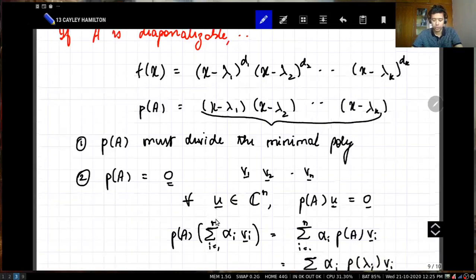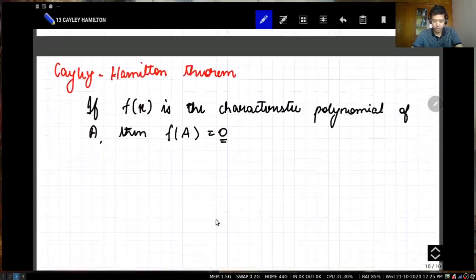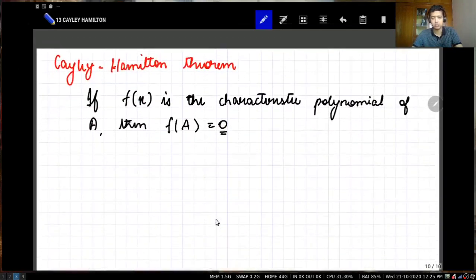So every diagonalizable matrix satisfies its own characteristic equation. The extension to non-diagonalizable matrices is the non-trivial step, and that is what we will prove next.